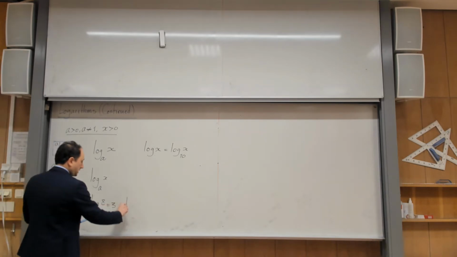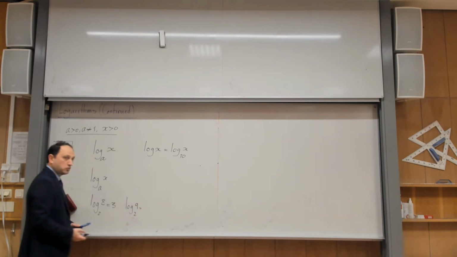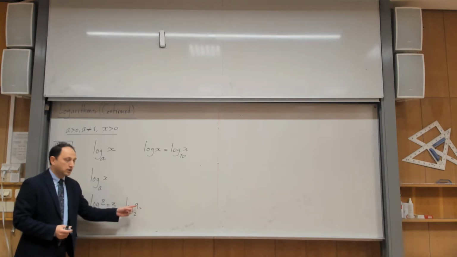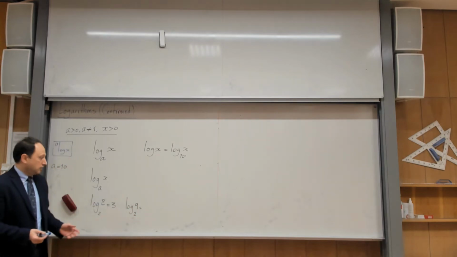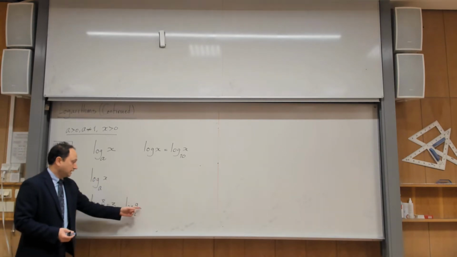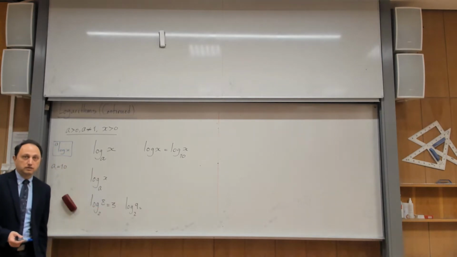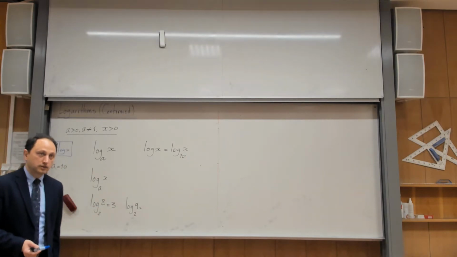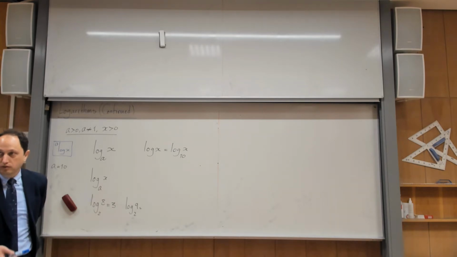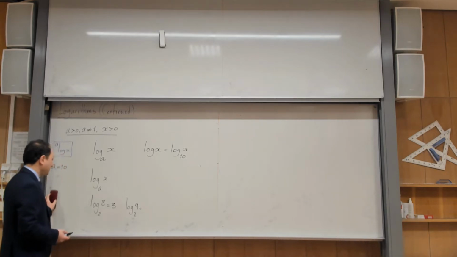But if I ask you the same question, log of 9 in base 2, this is asking the same question: can you give me a number so that when I raise 2 to that number, it becomes 9? There is a number, and there is exactly one number with that property, but that is not a number that I can calculate off the top of my head. So I can use the calculator, and of course the question is how the calculator knows to calculate that number, because it has been programmed by more advanced mathematics.